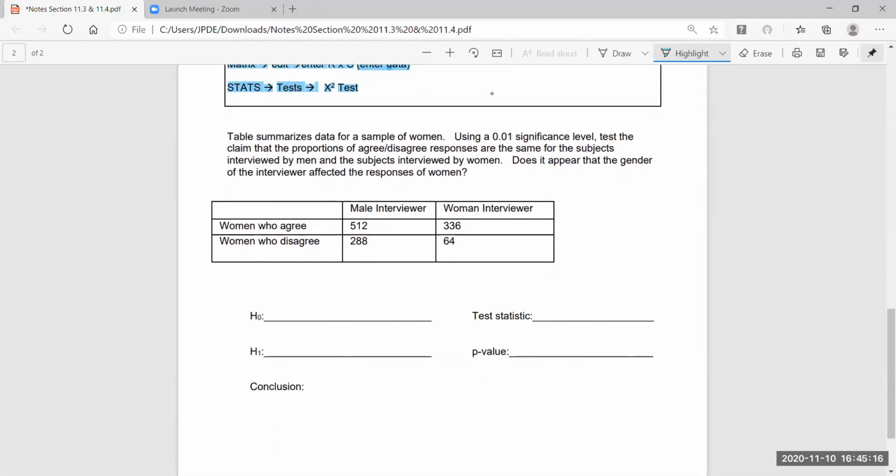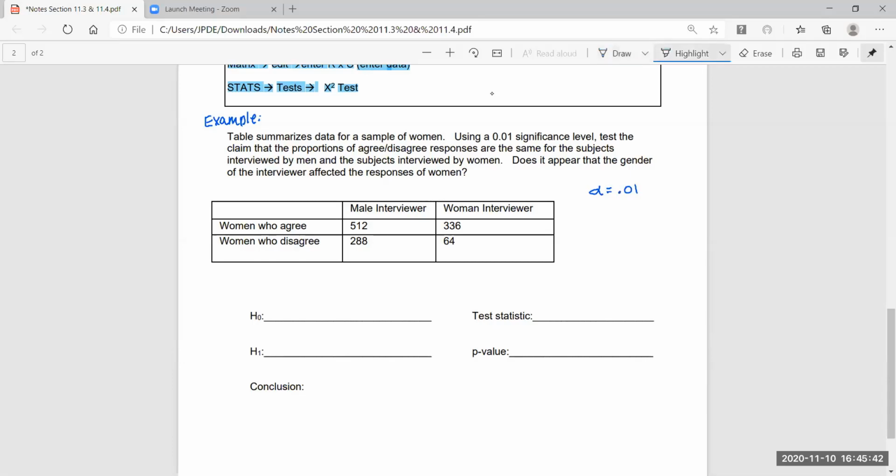Okay, let's look at this example. I should have example typed here, huh? So this is example 2. The table summarizes data for a sample of women. Use a 0.01 significance level. So alpha is 0.01, so a pretty significant level.